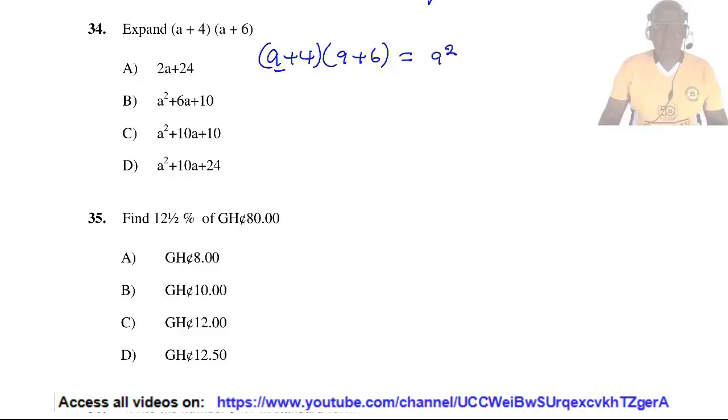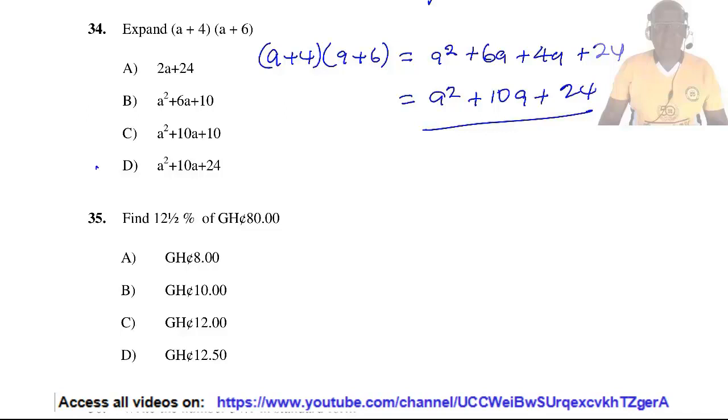We shall multiply a by 6, and that will give us 6a. We shall multiply 4 by a, and that will give us 4a. We shall multiply 4 by 6, and that will give us 24. So a squared plus 10a plus 24. So the answer is D.